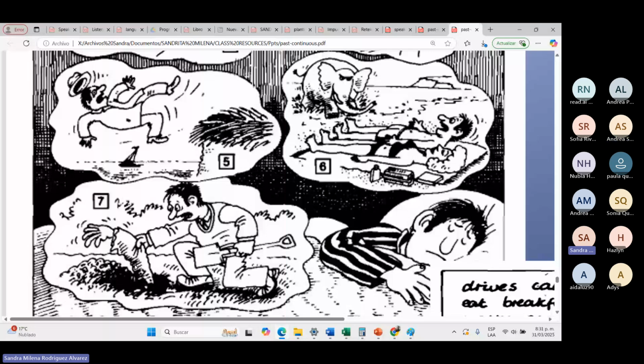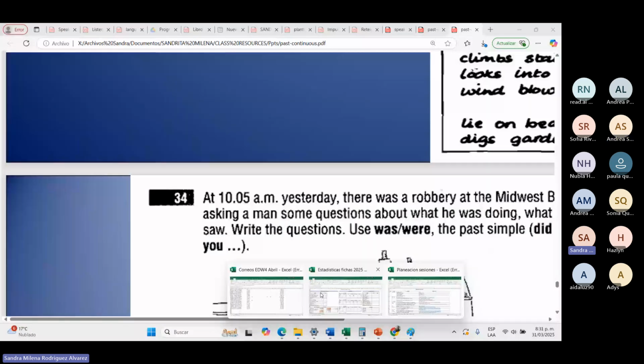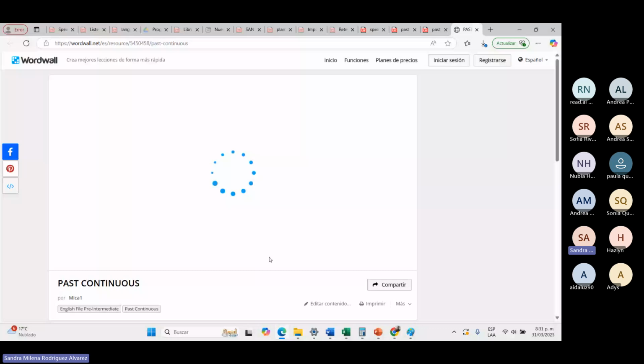He was burying someone. Now, what are we going to do now? We are going to work on an interactive exercise to continue practice. Okay?